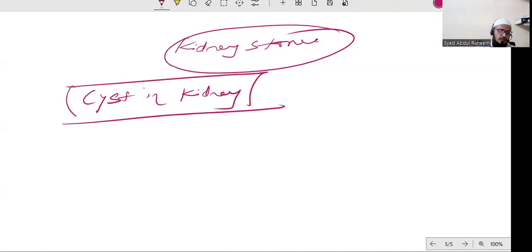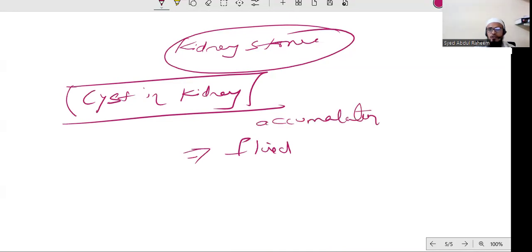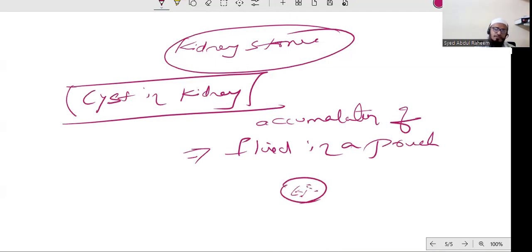So basically, what is a cyst? A cyst is an accumulation of fluid in a pouch or in epithelial tissue. Okay, this is a cyst.